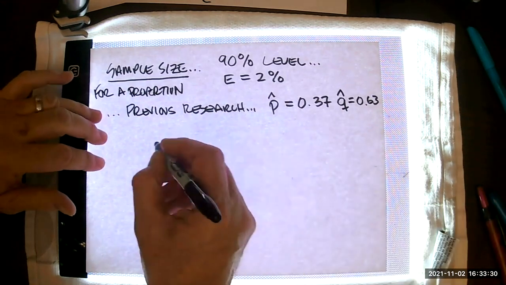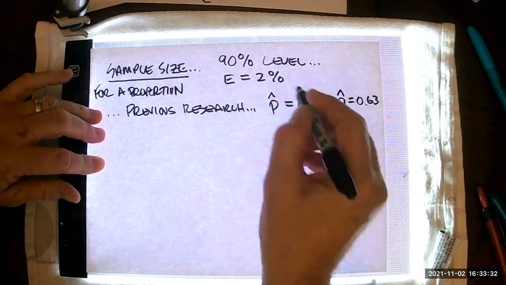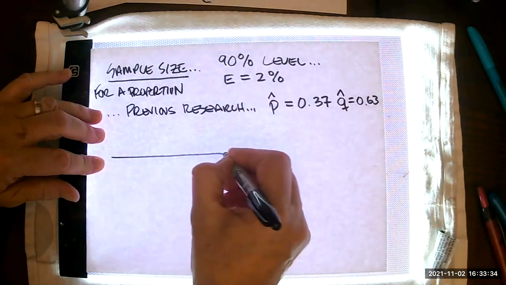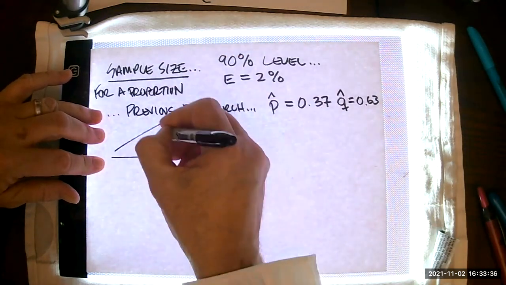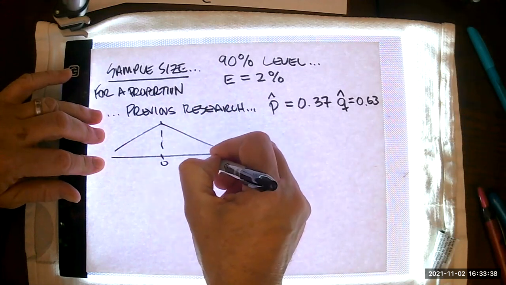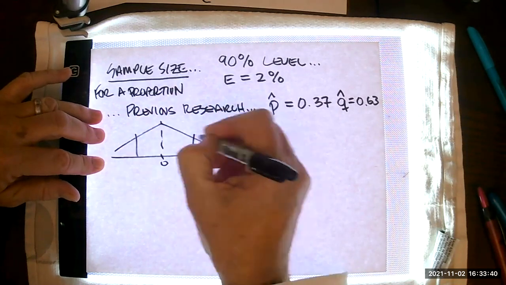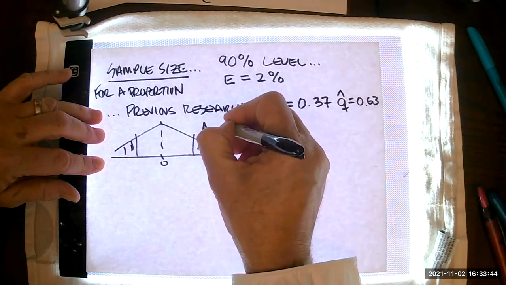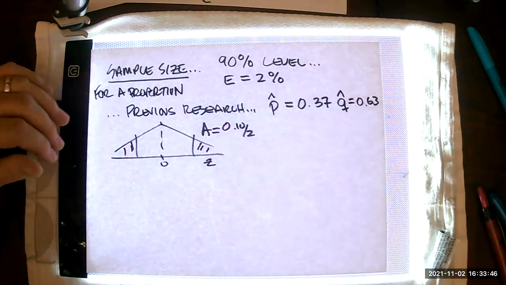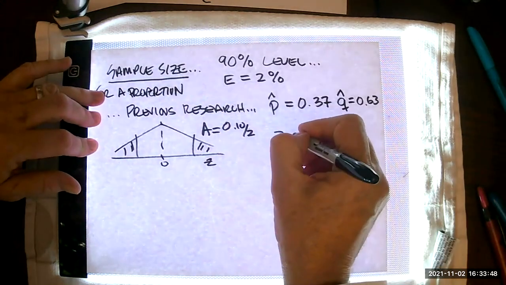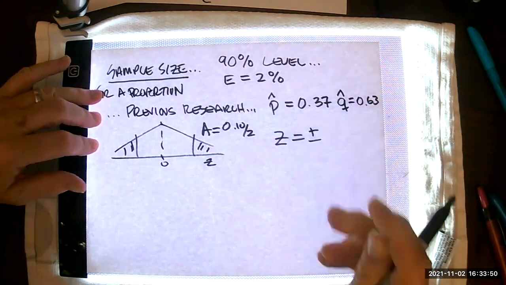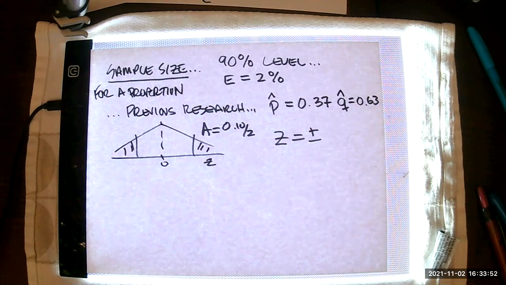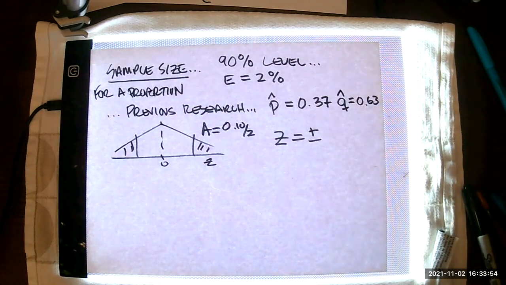So here again, what I need is my critical values. This time the area in question is 0.10 divided by 2. So z will equal plus or minus. And I'll come over here to my calculator and I'll run through that calculation.